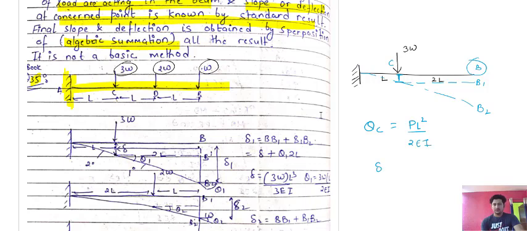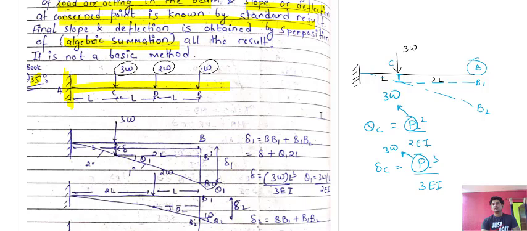Now delta C, that is deflection at C point, will be PL cube upon 3EI. P means the load. So here P value is 3W. I hope this point is clear that P value is 3W. So I have used the standard results of the cantilever beam applied with the point load. So this is the deflection at C point and slope at C point.